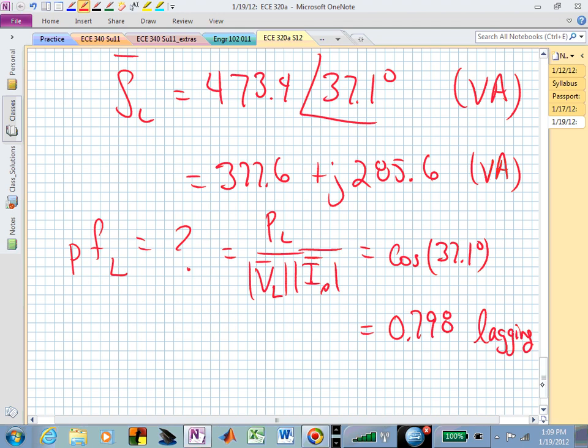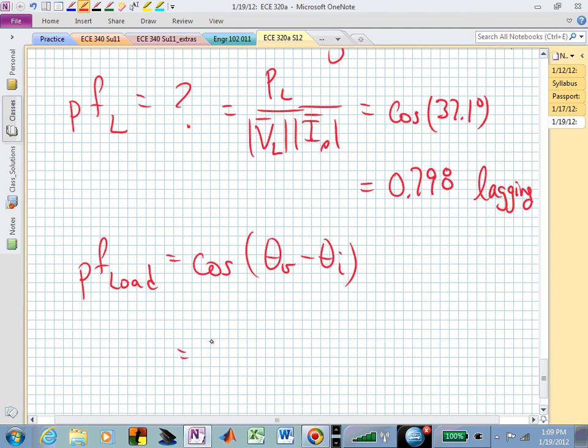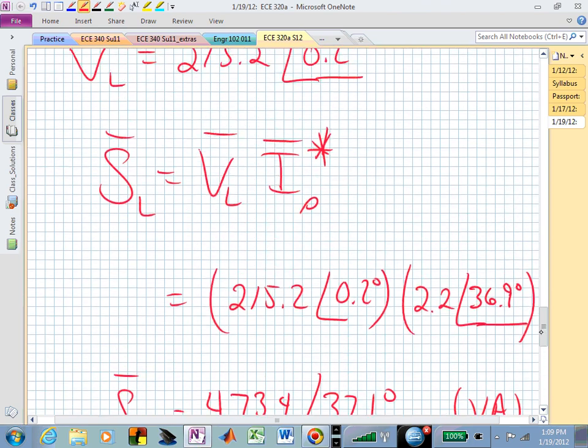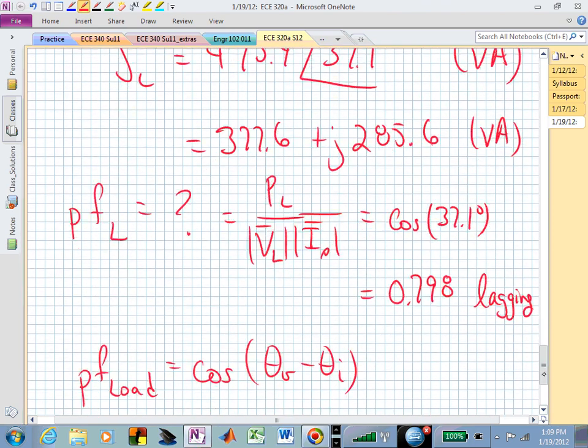And you could get this many different ways. You could have said, oh well, the power factor of the load is supposed to be the cosine of theta sub v minus theta sub i. What's the angle of the voltage phasor? That was the 0.2, wasn't it?